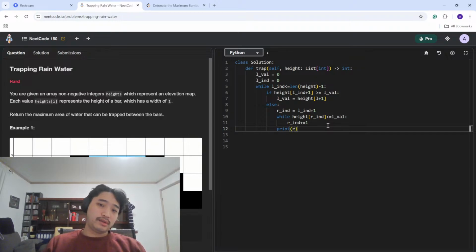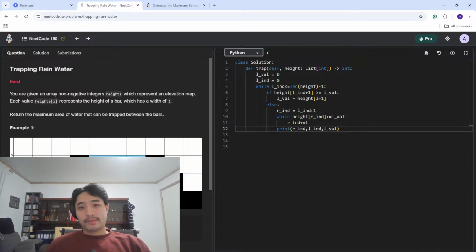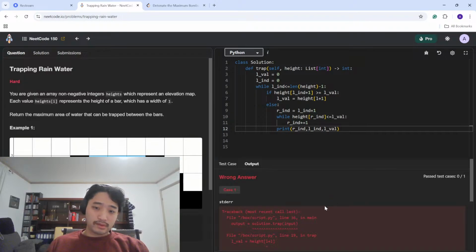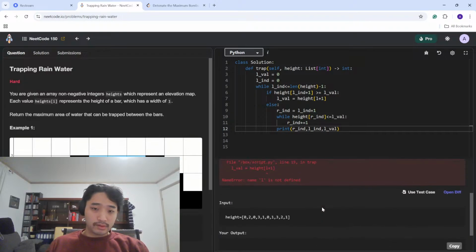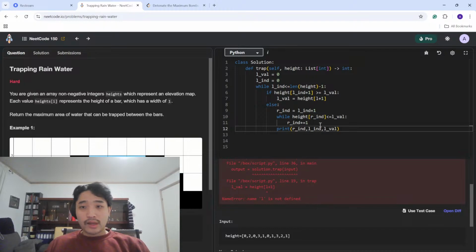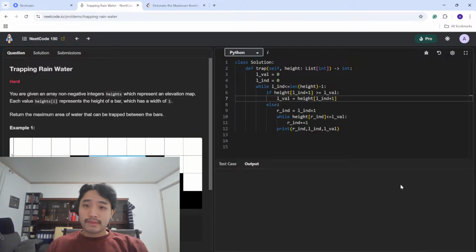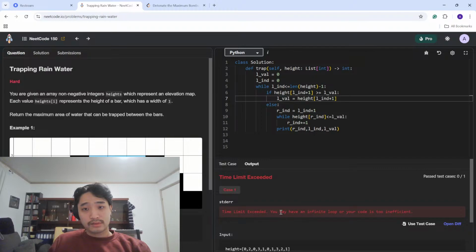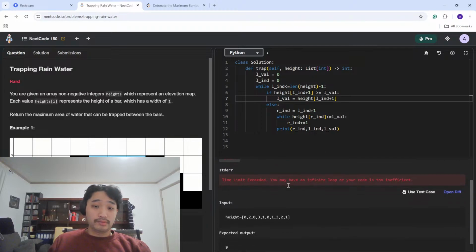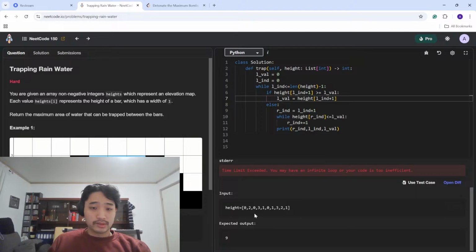Print R end, L end, and L val. Height is L end. Yeah, most likely but it doesn't.